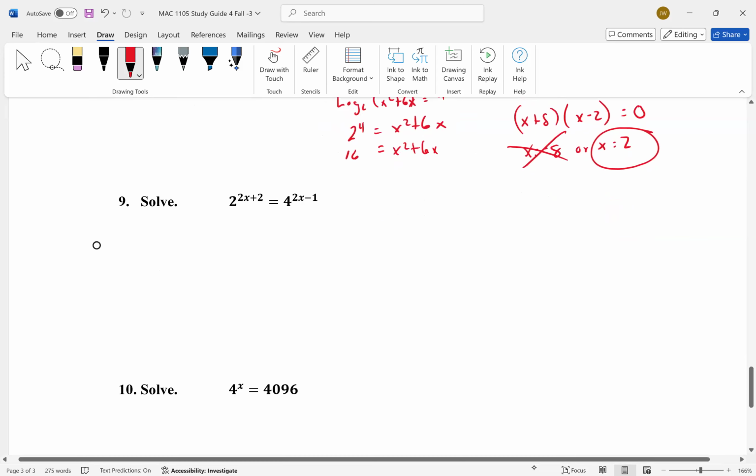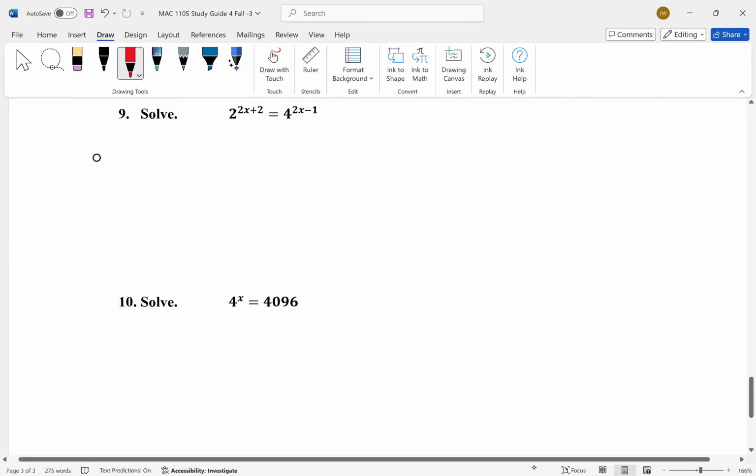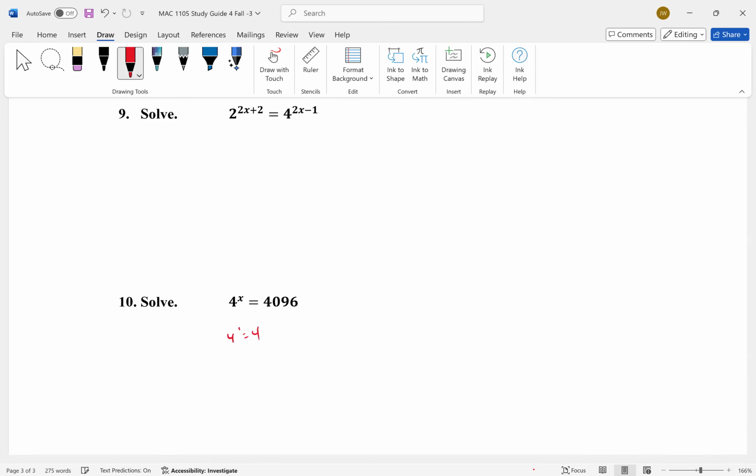Okay, let's skip number 9 for now and go to number 10. Now, number 10, you could do this by trial and error. 4 to the first is 4. 4 to the second is 16. 4 to the third is 64. 4 to the fourth is 256. 4 to the fifth is 1024.